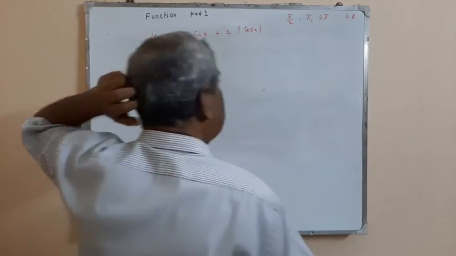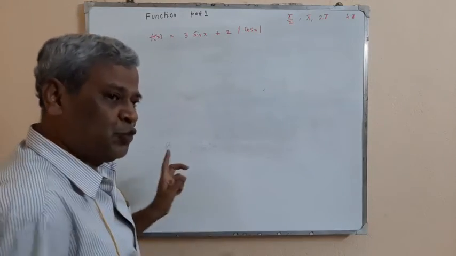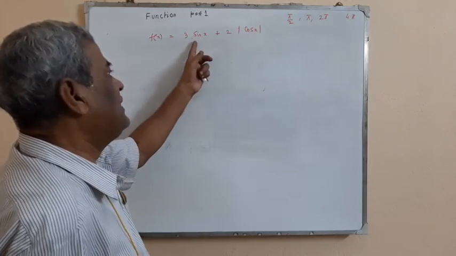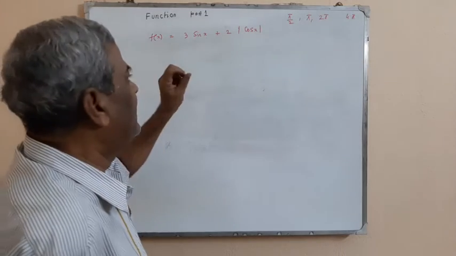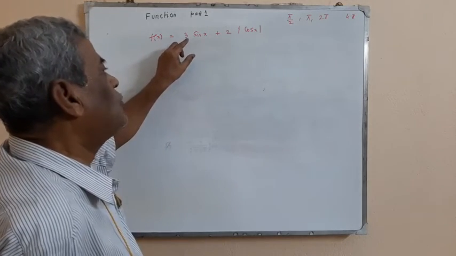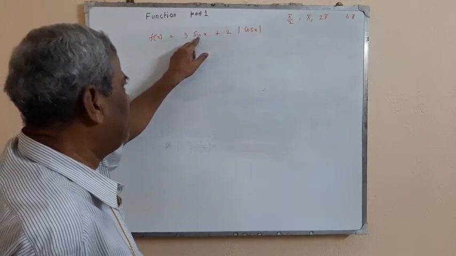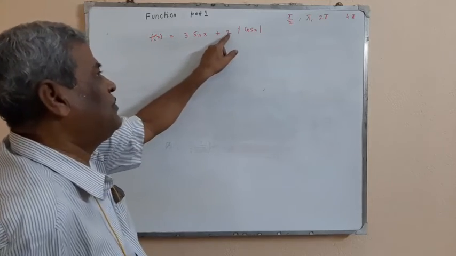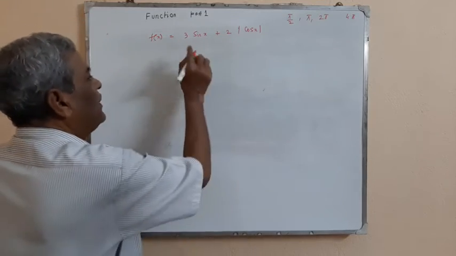Once again, it has two parts. This part is periodic, that part is periodic. Actually, the constants with a periodic function are immaterial. The same is the case here also.